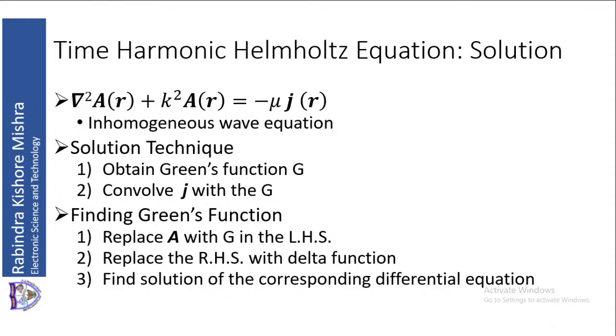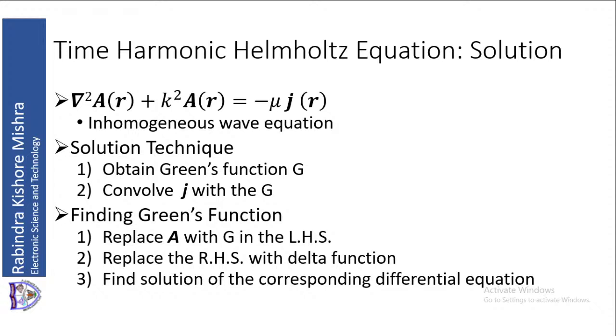Now look at the right hand side. Right hand side is J(R). Now J is the current, which means it is the source. Source is not present everywhere in the space. Source will be localized to one place.